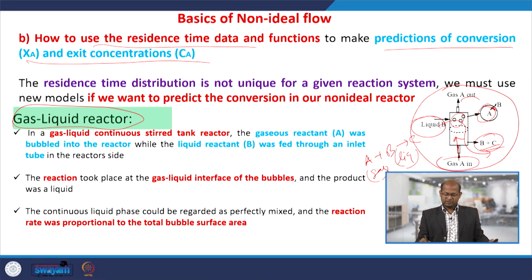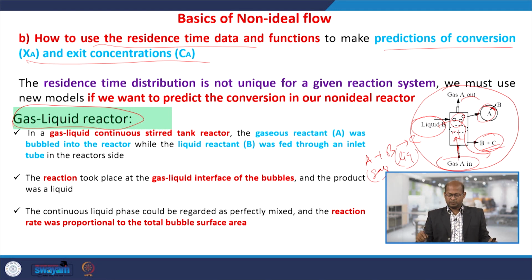So why is the residence time distribution important here? The bubbles coming from the bottom to the top reside for different times inside the reactor, and their sizes are also different; bubble diameters may be smaller or larger. Therefore the interface contact of the bubbles would be different.